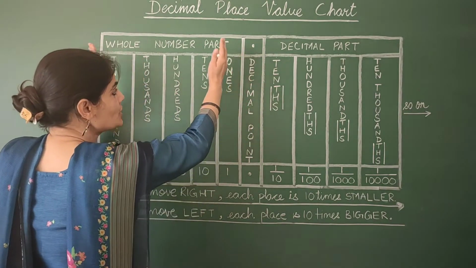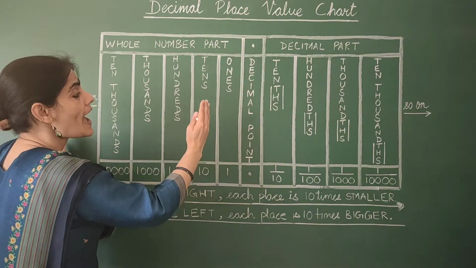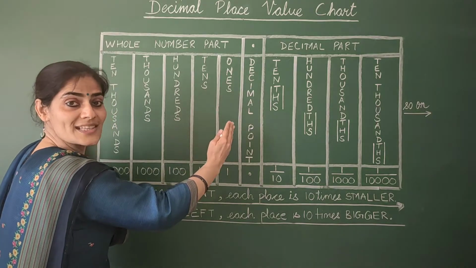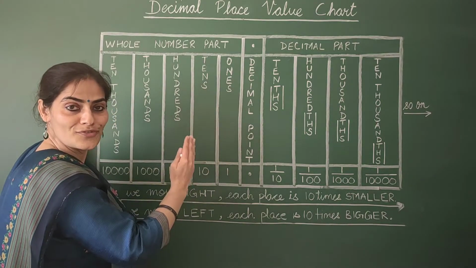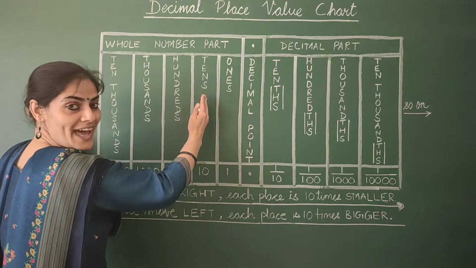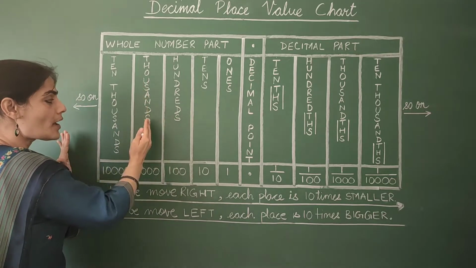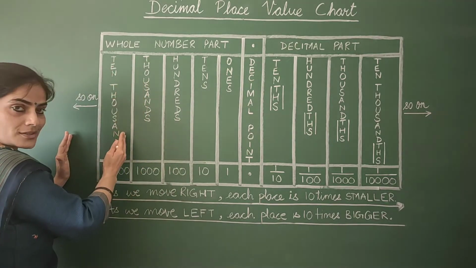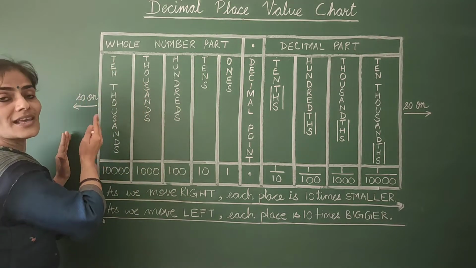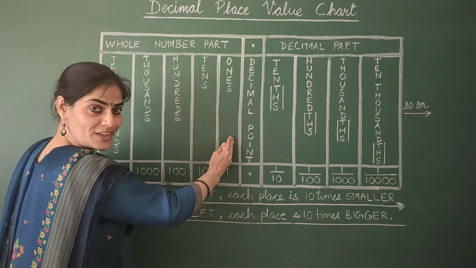On the left side of the decimal point, we have whole number part having the same places as you learnt in your previous classes. Like ones place, then we have tens place, then we have hundreds, thousands, 10,000s, 100,000s and so on.